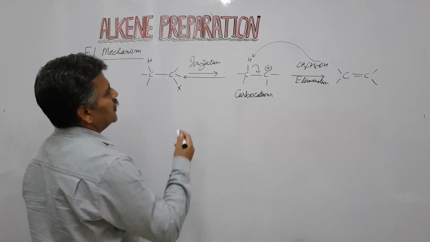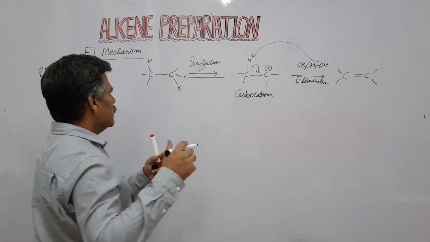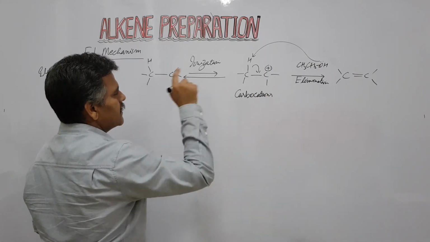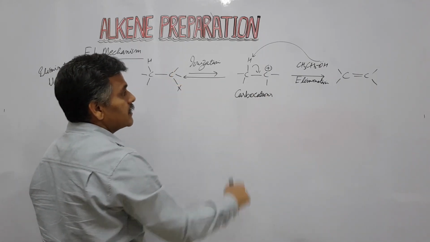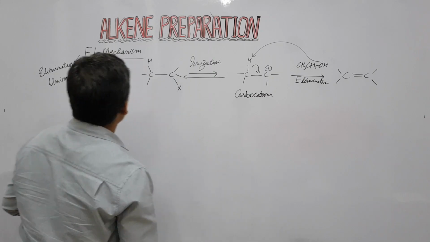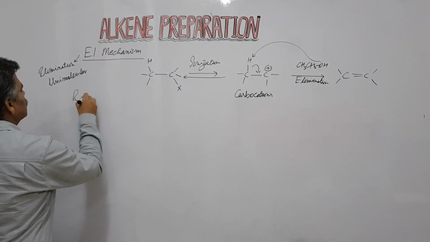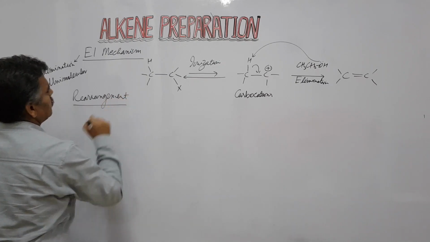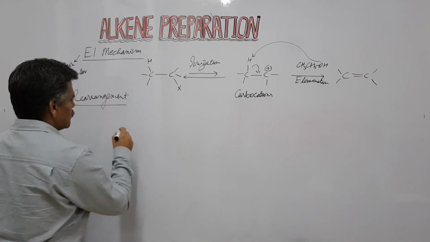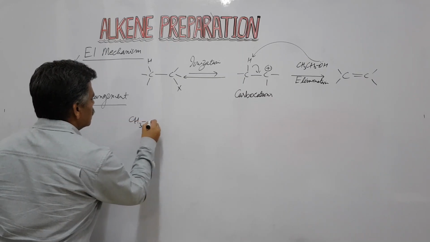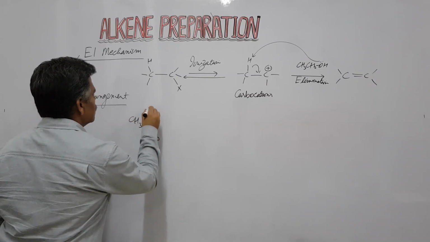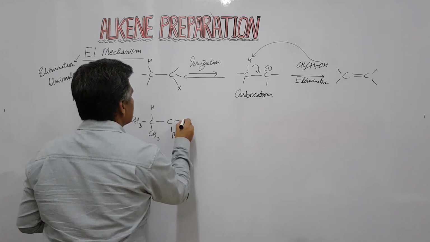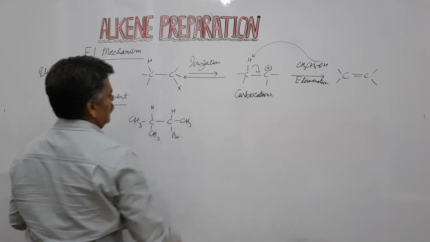So when we carry out E1 reactions, there are different things which we have to discuss. The first one is elimination, second one is substitution, and third one is rearrangement in carbocation. So rearrangement in E1 reaction. Suppose our substrate is CH3, carbon, CH3H, Br, CH3H.